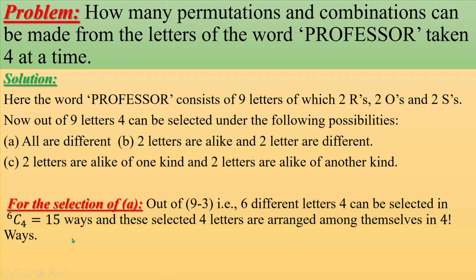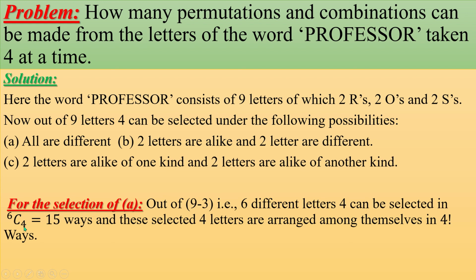We know a relation: nPr equals nCr into r factorial. So here nCr means 6C4, which equals 15, but nPr equals nCr into r factorial, that means 6C4 into 4 factorial.